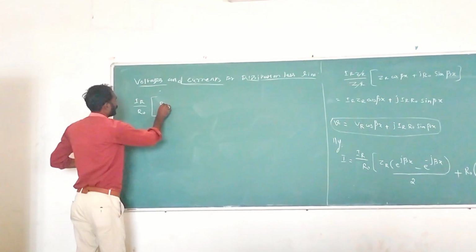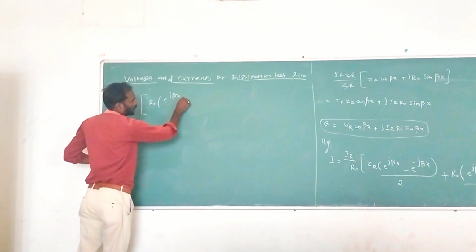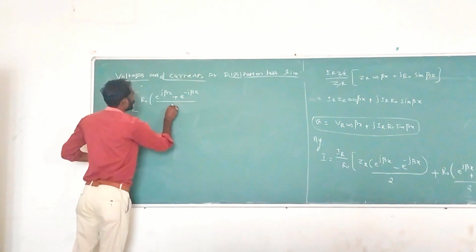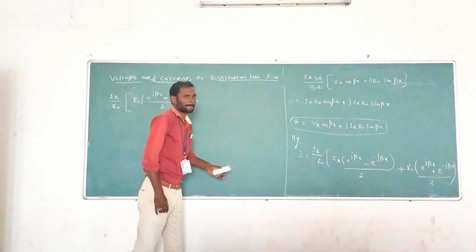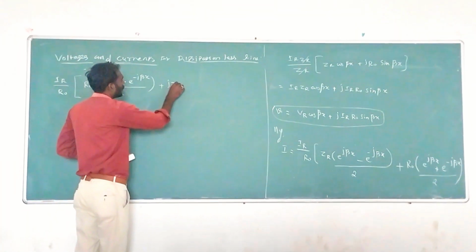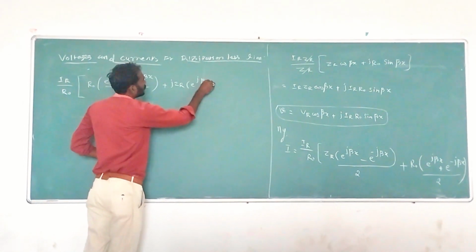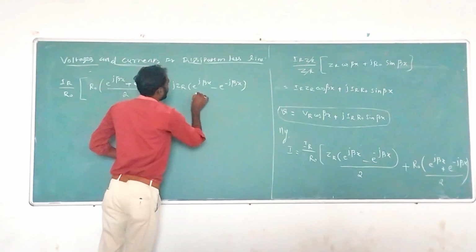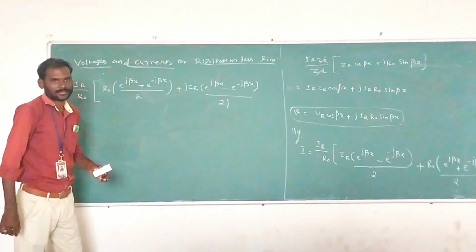Take the R naught this side: R naught into e power j beta x plus e power minus j beta x divided by 2. This term is plus ZR, the formula of sin beta x, so j ZR into e power j beta x minus e power minus j beta x divided by 2j. J is multiplying both numerator and denominator, right?